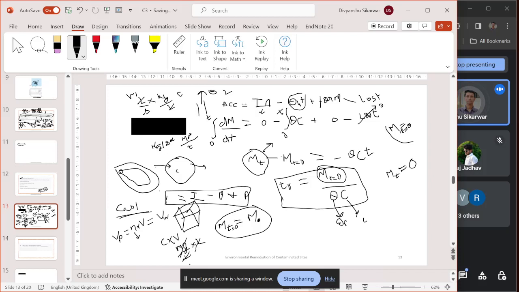We will get the mass of contaminant which is present, right? So the m naught value we can calculate directly as n, porosity, into the total volume of the region, into C naught, the initial concentration. So this will give us the m naught.